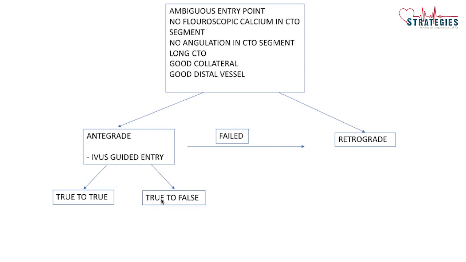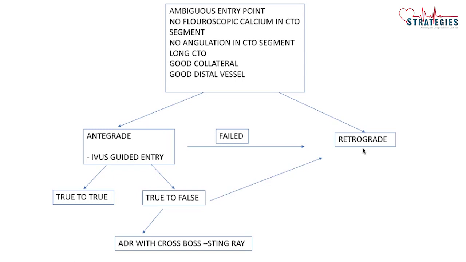But if your wire goes true to false, then again you will need either an ADR with crossbar stingray, or you have to go retrograde. So this would be the optimal wiring strategy for this patient. But in this case, I went retrograde directly. I have not tried antegrade IVUS guided entry, as the entry point was quite difficult to understand in IVUS because of the calcium, which I will show in subsequent IVUS films.